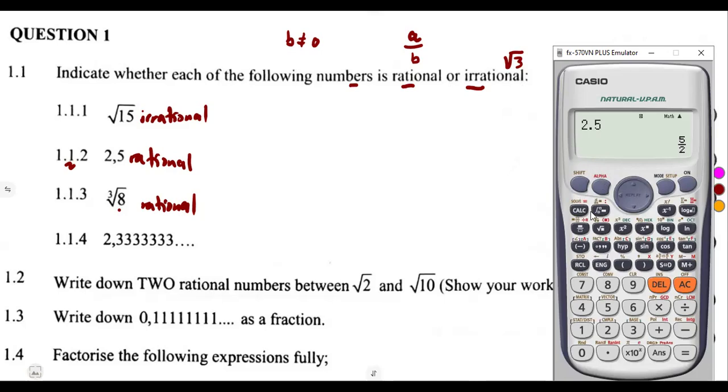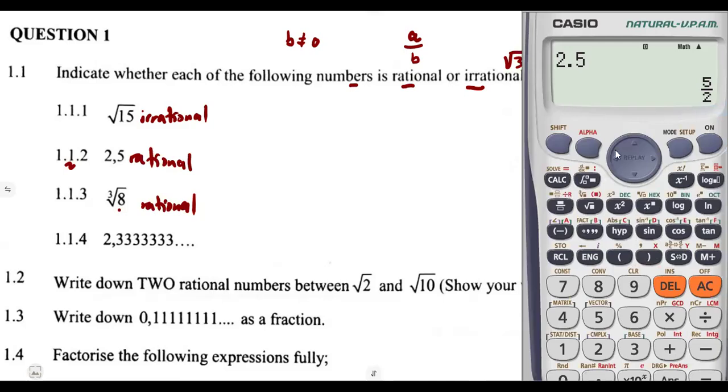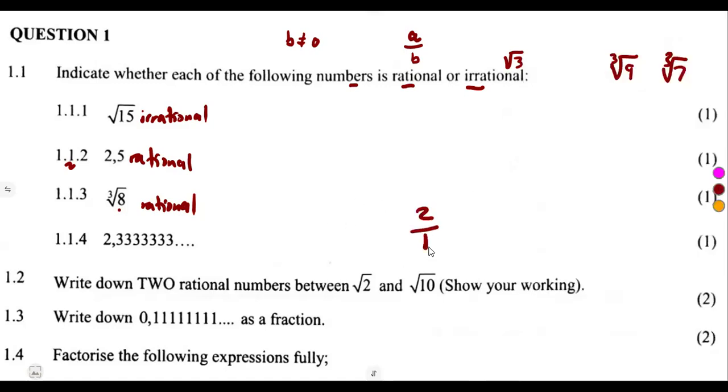So the cube root of 8 is equal to what? 2. So 2 is a whole number. 2 can be written as what? 2 over 1. So that's a rational number in that case. All right. So this is what we have.